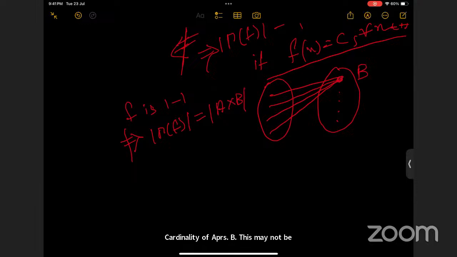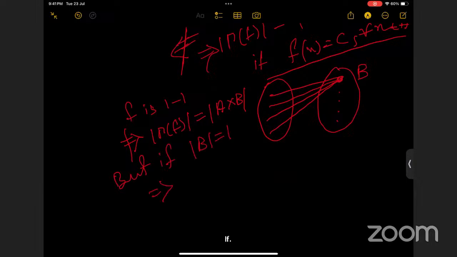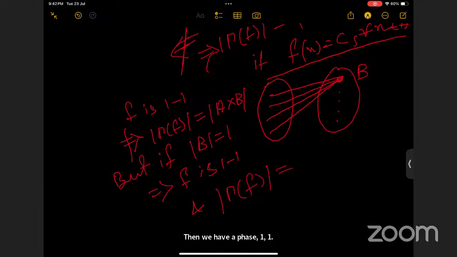But if the cardinality of B equals 1, then f is constant, and the cardinality of the graph of f equals the cardinality of A cross B. So B has to be a singleton set for that. Sorry, it will be a constant function, not one-one.